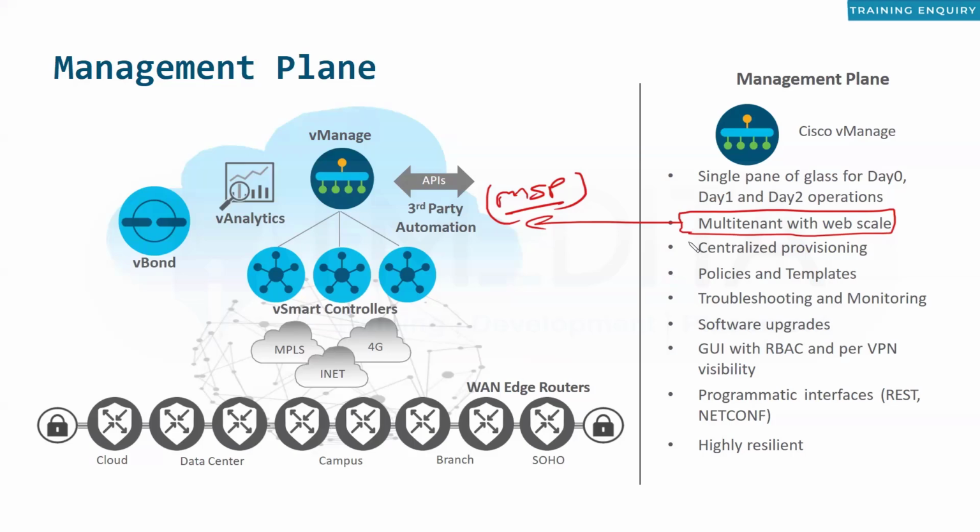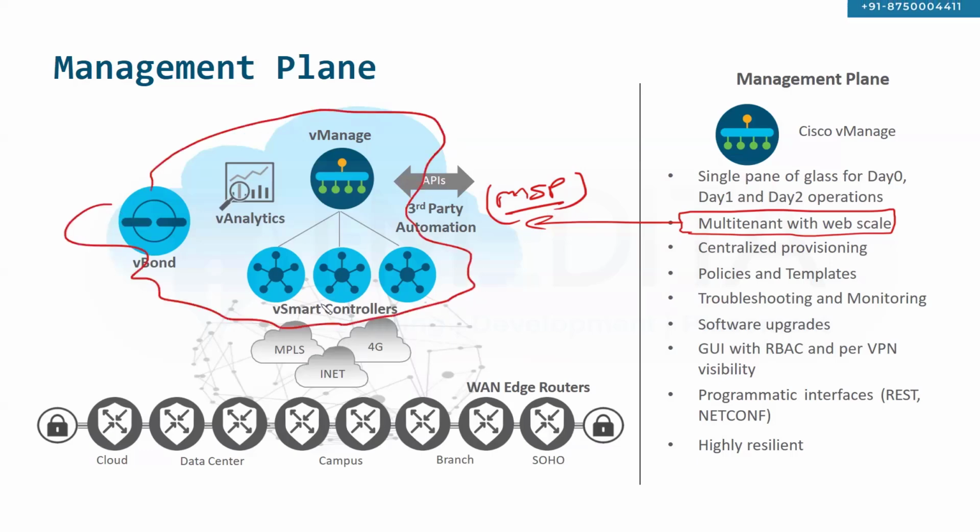So if there are companies providing managed services to their customers, sometimes they may have a situation where they have small customers having, let's say, 10 sites, 5 sites, 20 sites, and they are not capable enough to pay the money for dedicated control components. If you want to host dedicated control components for that customer, obviously there will be some charges applied.